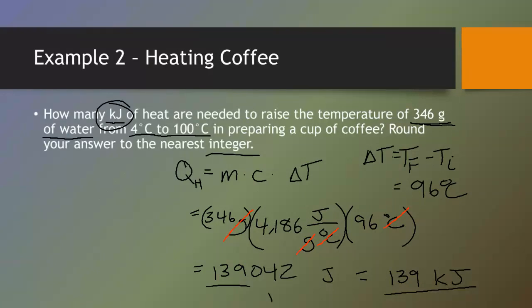This would be 139.042 kilojoules, and then you round. Relatively simple. You just have to be careful with those units. Make sure you're using the right units.